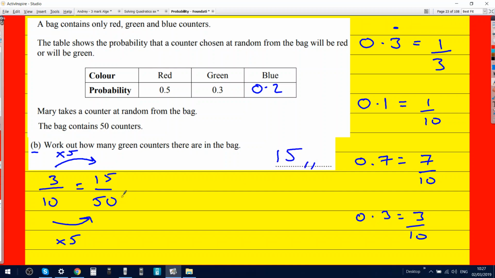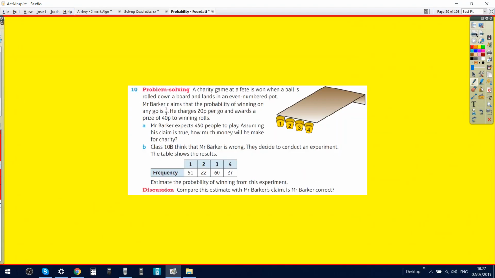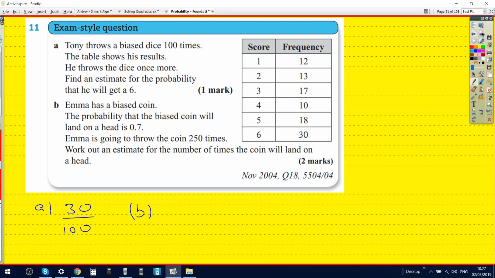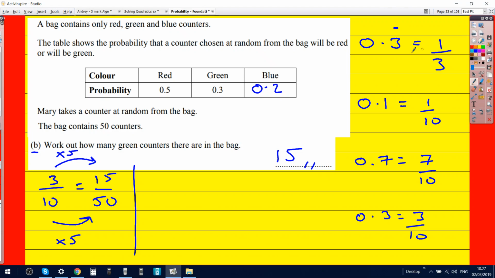Yeah. So if we just go back a second. So this one, the probability was 1/6. So we could have done 1 over 6 equals something over 120 and multiply it. And the way we did it though, we just did 1/6 of 120, and that gives you the answer. And you could probably do the same for this one.